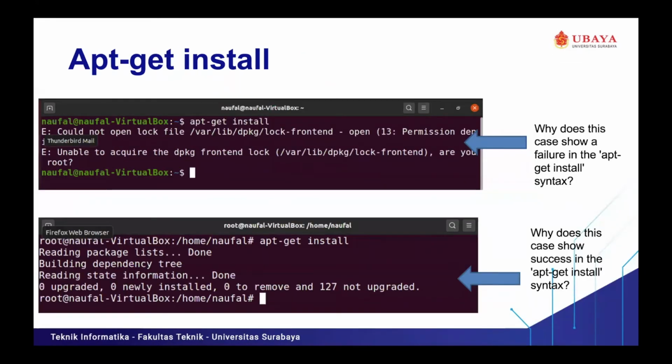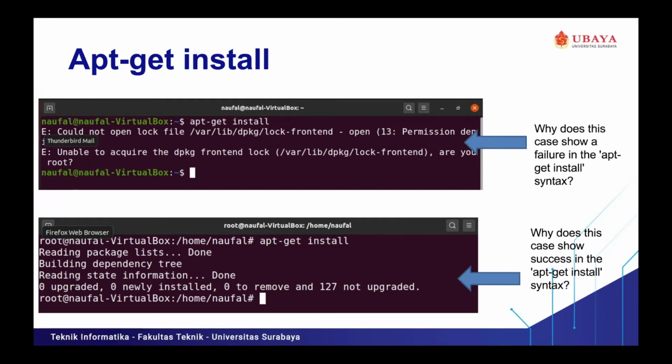So the next command is apt-get install, and this command is for installing a new package or new software or application from your terminal. If you want to install some package, you have to be a root user. So you need to type sudo su before you install the new package.